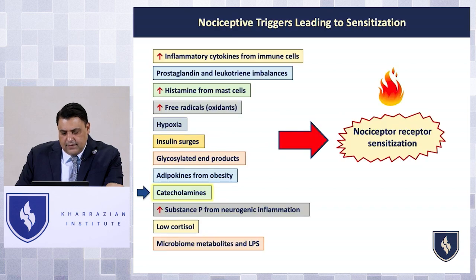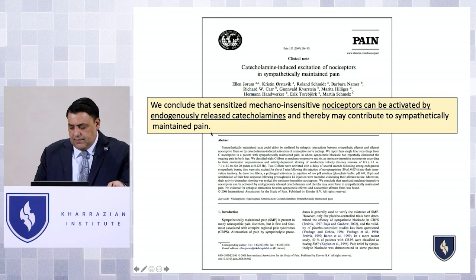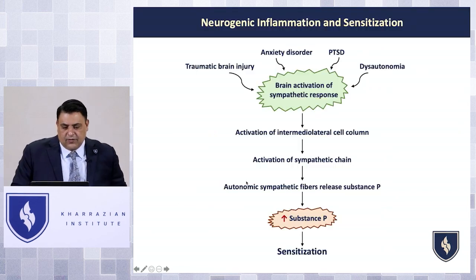And then catecholamines. Catecholamines can increase pain activation. Here they show that we conclude that sensitized mechanoreceptors and sensitive nociceptors can be activated by endogenous release of catecholamines and thereby may contribute to sympathetically mediated pain. So here's an illustration of this.